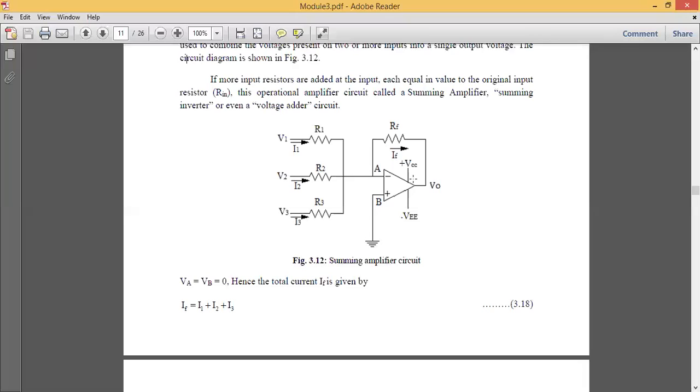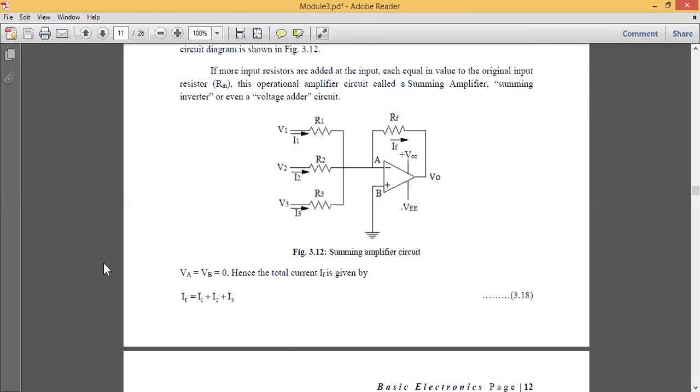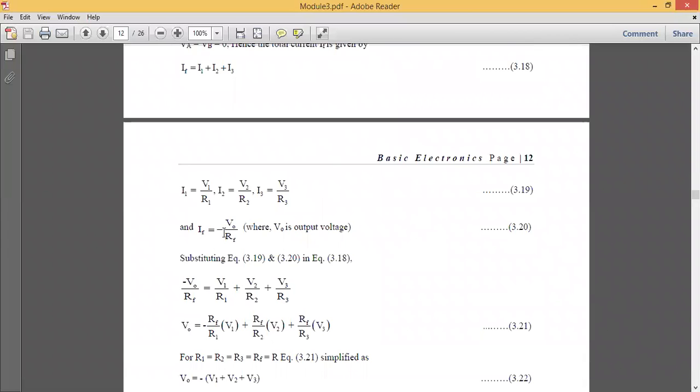But see here, this V naught is connected to the minus of your op amp, so here you write minus. So IF is equal to minus V naught divided by RF. It is taken from the output voltage or output loop. What you do next is equate both the currents.